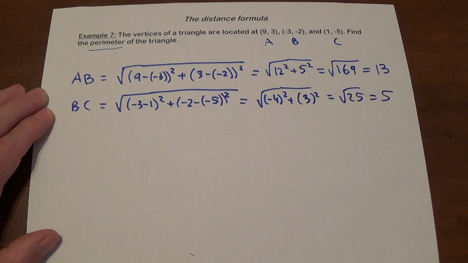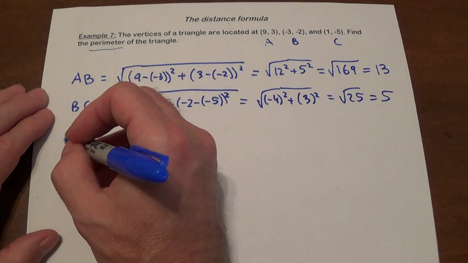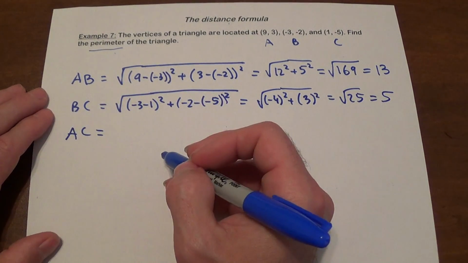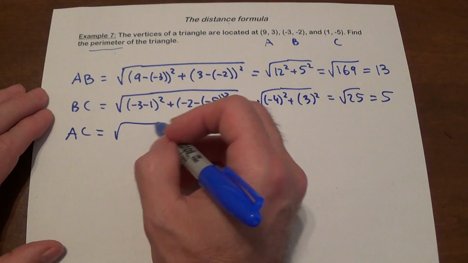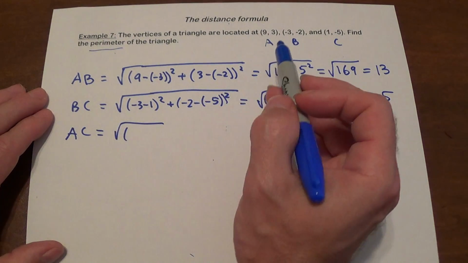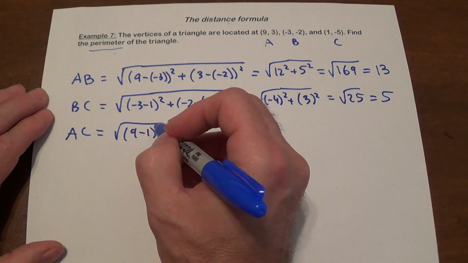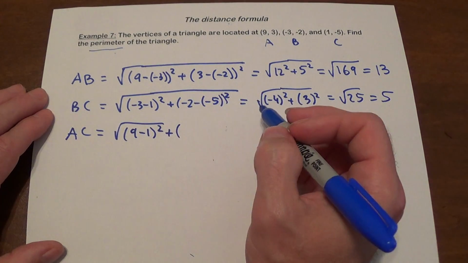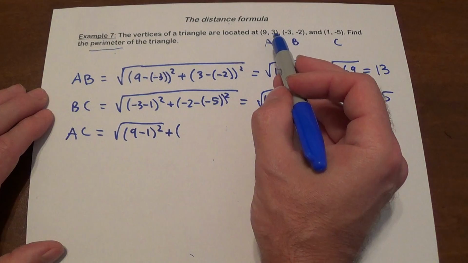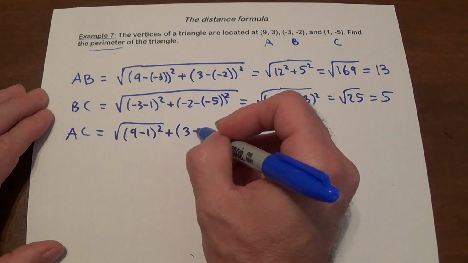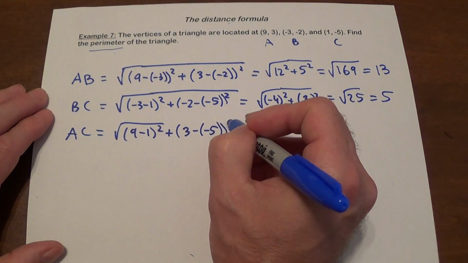And finally AC. So again, we're doing the same exact concept. We're going to take the difference between the x coordinates. So for AC, 9 minus 1 squared plus, and for the y coordinates it's going to be 3 minus -5 squared.